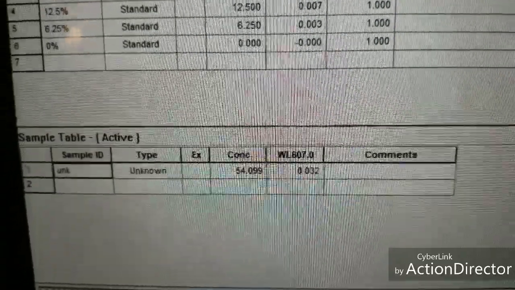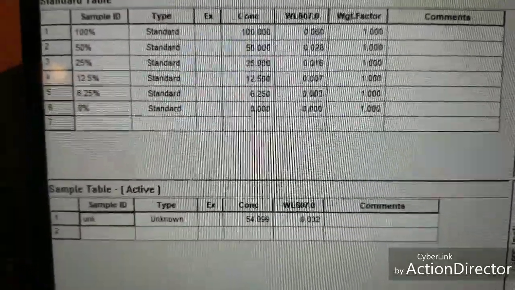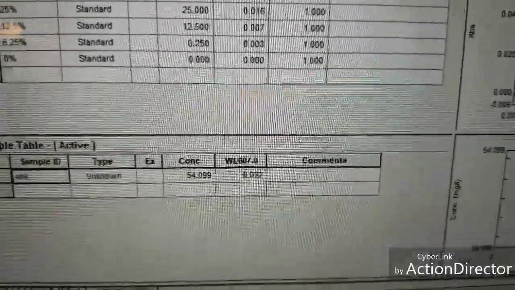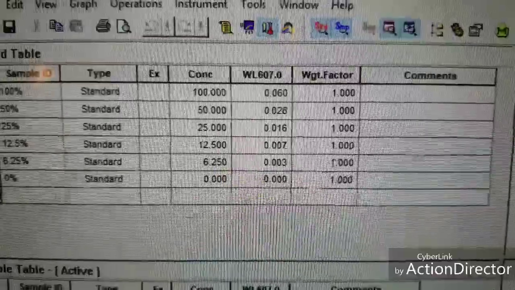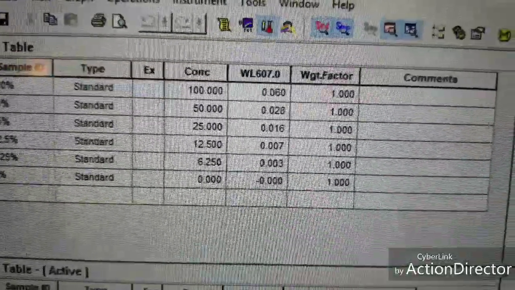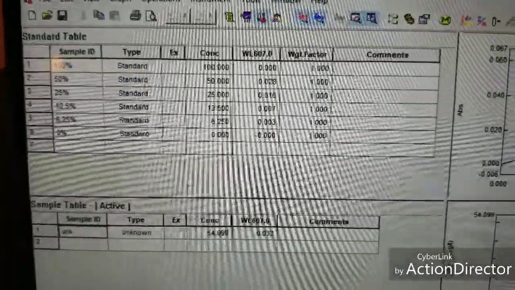And we are getting a concentration of 54%, which is pretty good for kitchen chemistry. Absorbance of 0.032, so you can see that's right around the absorbance of the 50% standard of 0.028. And that is how we would go about calculating something like this.